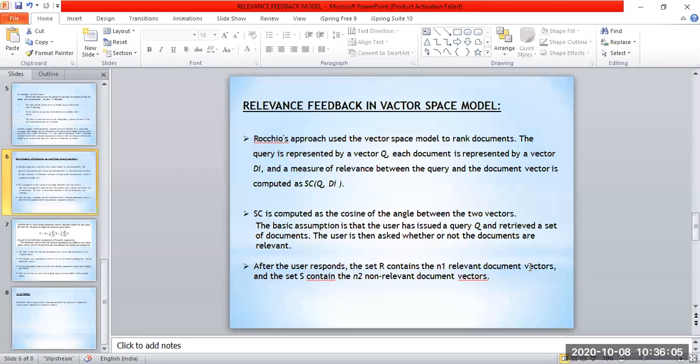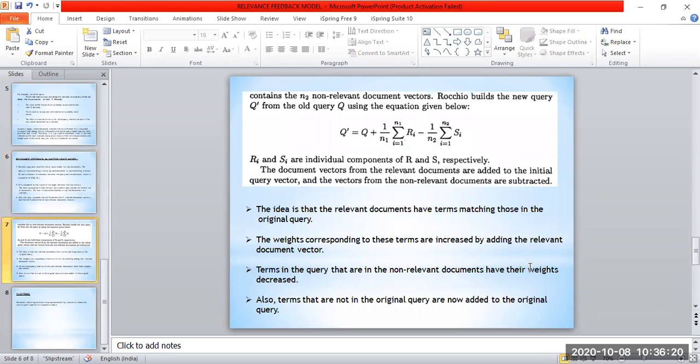Q was the old query. We can generate a new query by considering the old query, the set of relevant document vectors and the set of non-relevant document vectors. Let's see how we can do that. Going to the next slide, you can see a formula which tells us how to generate the new query, represented as Q dash or Q complement.